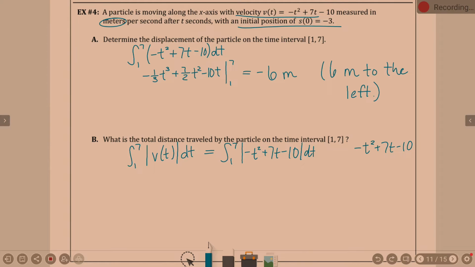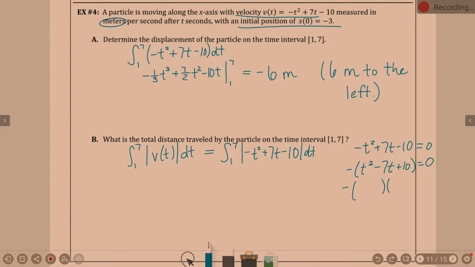Can we find the places it crosses the x-axis? The zeros. Yes? So if I'm going to find the zeros, me personally, I don't like that negative there. I'm going to factor it out, divide it out, do something with it. If I get rid of that negative, it's t squared minus 7t plus 10. That looks pretty nice to factor, doesn't it?